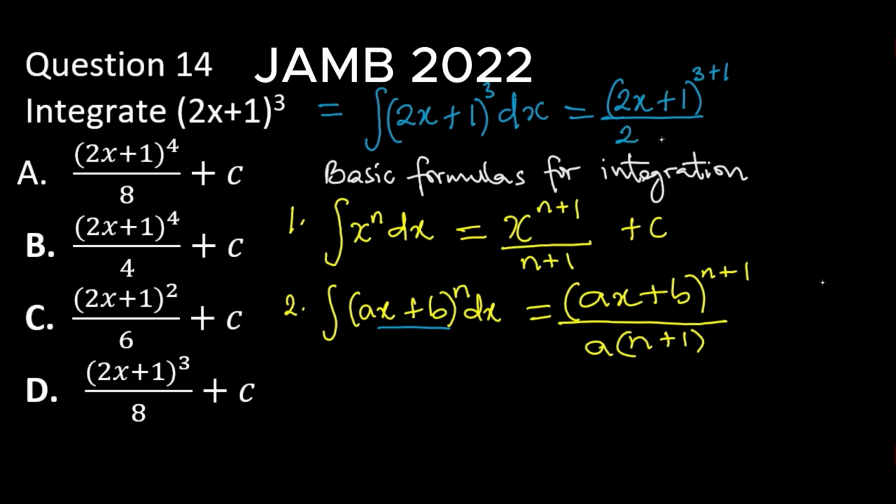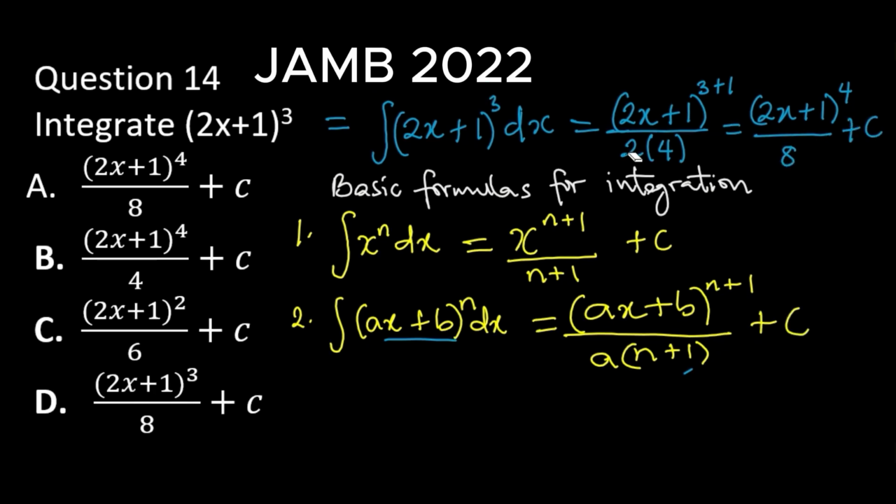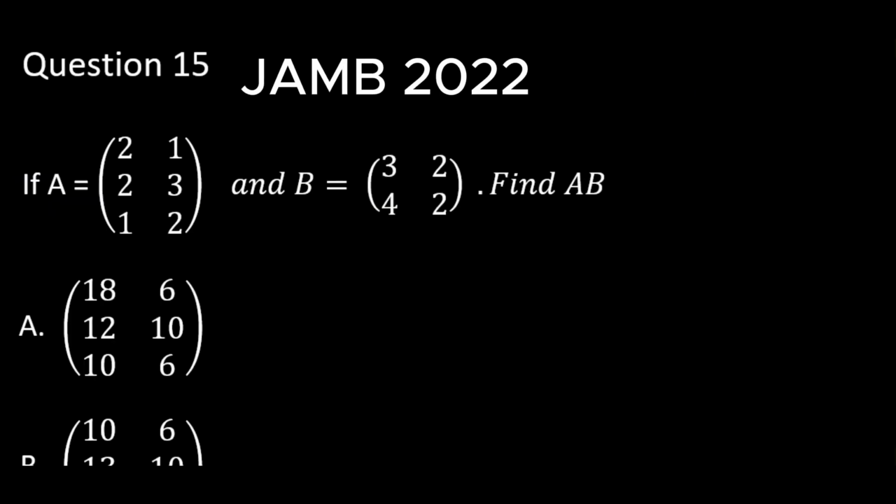Multiply by the power 3 plus 1, which is 4. So we now have, open the bracket, (2x plus 1) to the power of 4 divided by 8, plus the constant. So we have option A as the final answer.